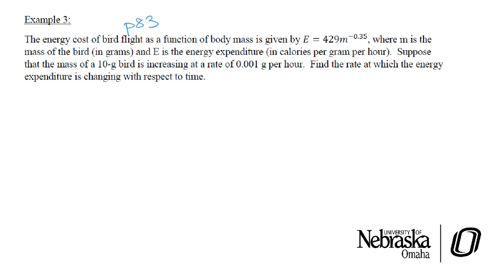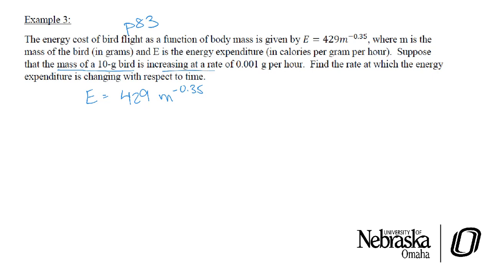So first, if we're given an equation already, we could assume that we're going to use this equation and substitute in some of the information given. So they say that suppose the mass of a 10-gram bird, so this is one piece of information, is increasing at a rate. That means derivative.